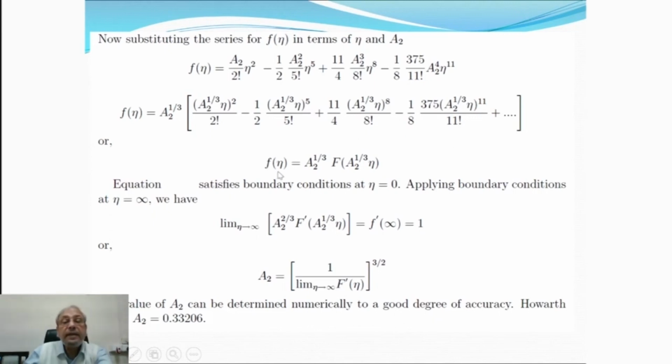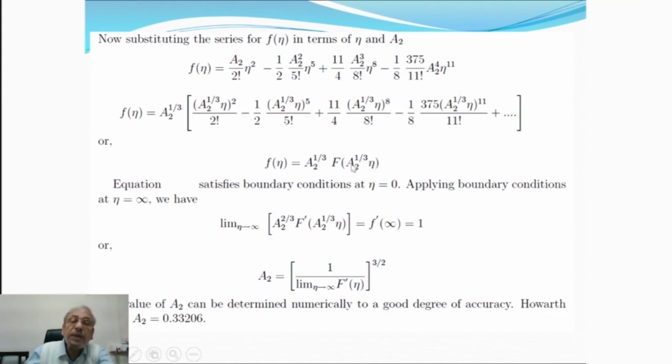Now the variable is becoming a2 to the power 1/3 into eta. So we can write this as f(eta) = a2 to the power 1/3 into uppercase F, another series, in a2 to the power 1/3 eta.